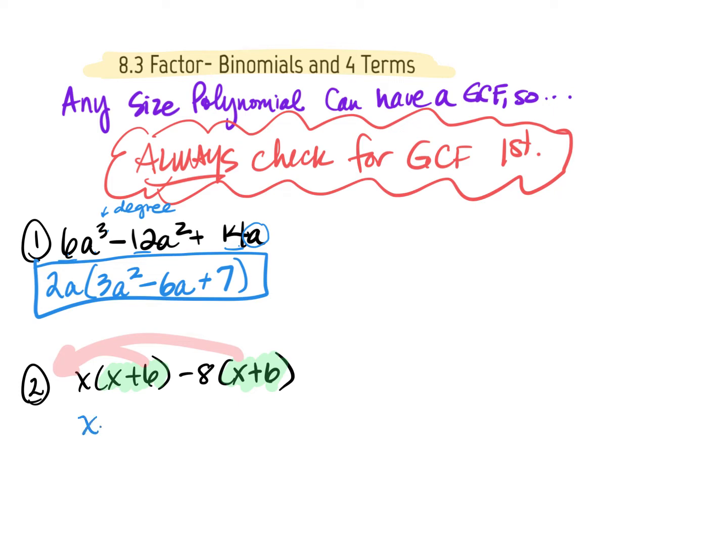So it's going to look like this, x plus 6, and then my leftovers are that x and this minus 8. And now it's two binomials. Look at that. This is the method we're going to use when we get to the four-termed equations in a little bit. But let's first look at what we do with binomials.